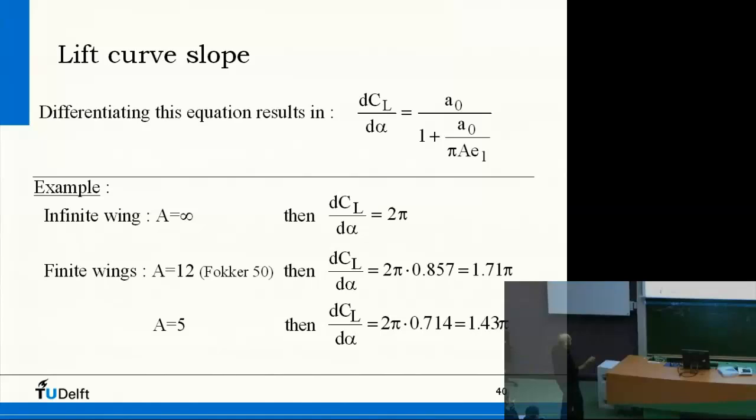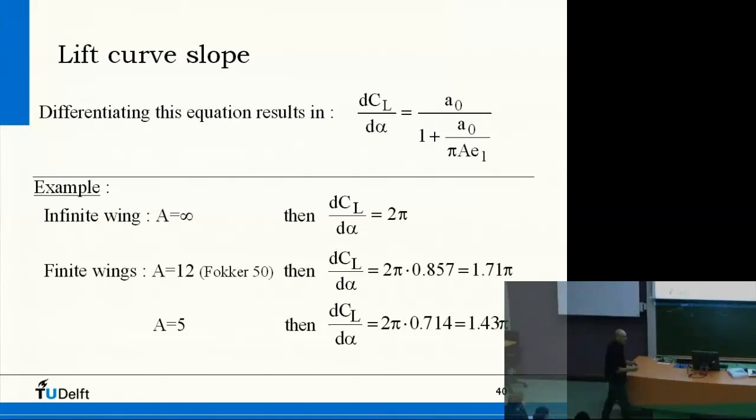For finite wings, like Fokker 50 type, then we see that dCL/dalpha is something like 1.71 pi. So that's considerably lower, right? And if you have A is 5, then again that is a significant amount lower here, 1.43 pi radians, versus 2 pi. So this wing lift curve slope can degrade quite a bit.